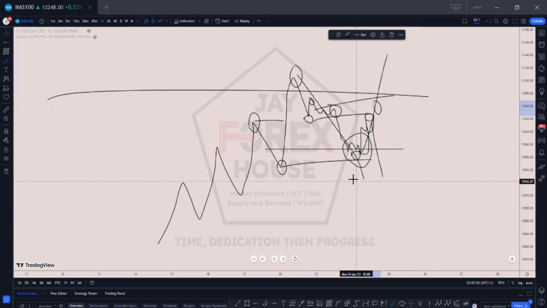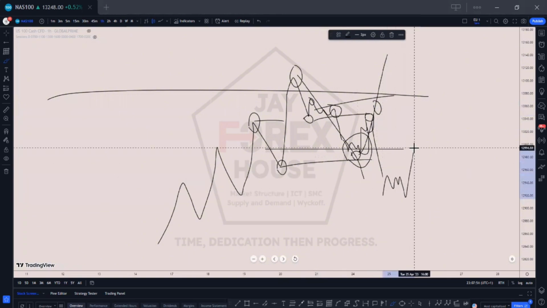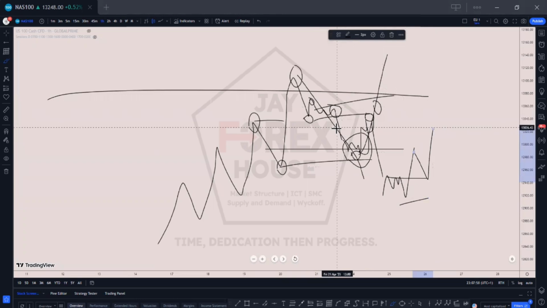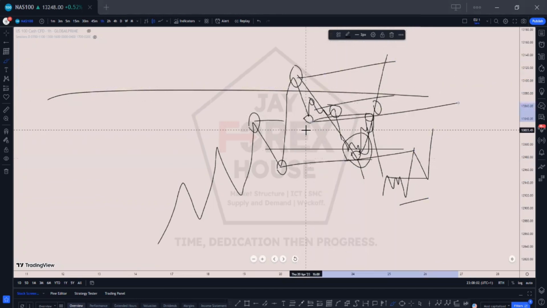So I could decide to take a buy from here if I get that lower time frame confirmation I'm looking for, and buy price to the nearest supply zone within the discount and premium of this range.